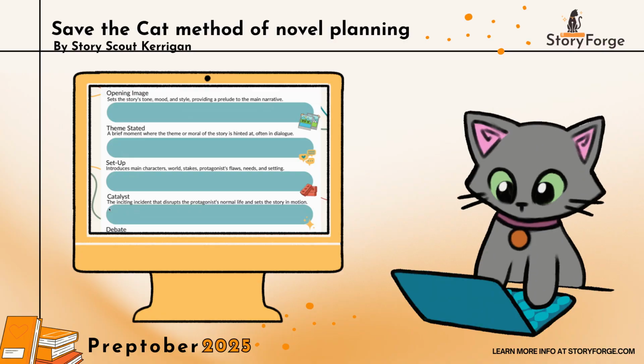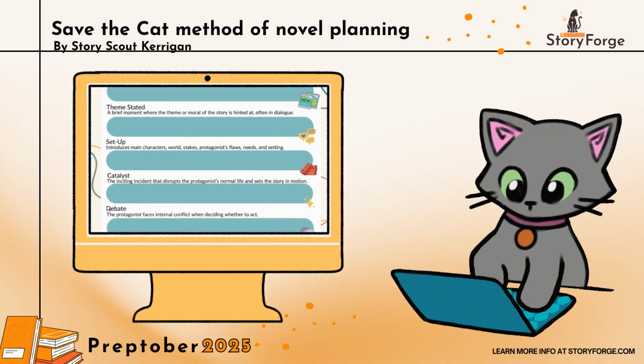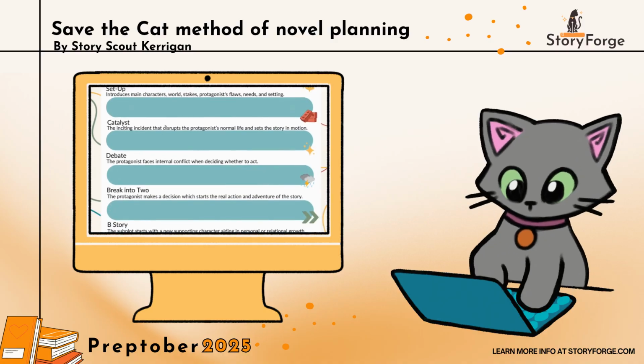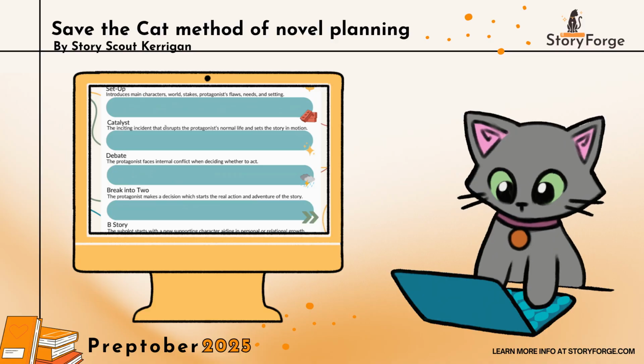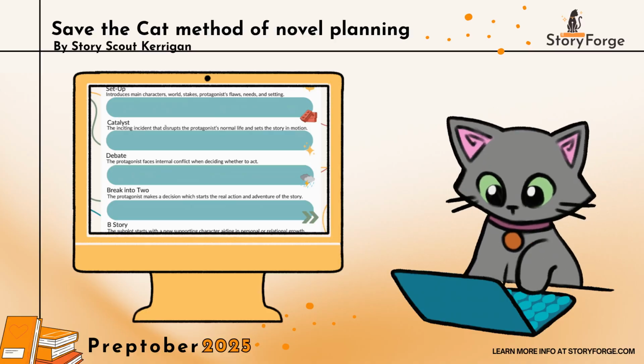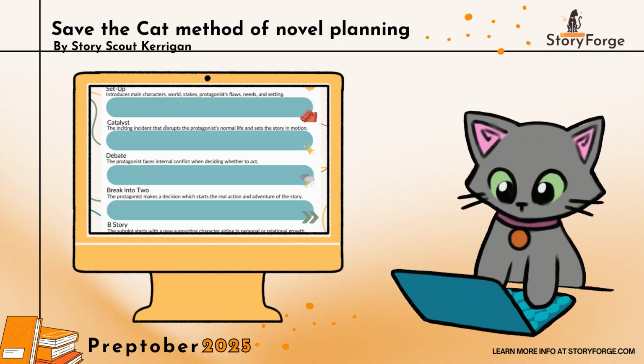If you're doing that, by all means, go for it. But if you're not, your catalyst could be something simple. Maybe your character's favorite coffee shop closes down and it changes their view of town, or it makes them meet new people.